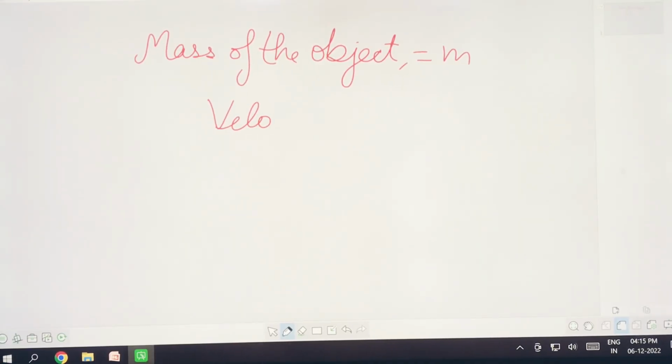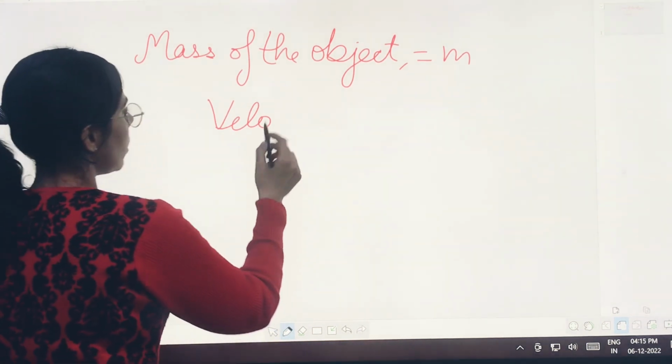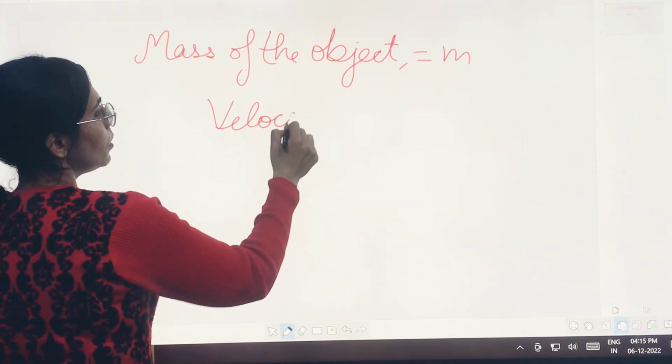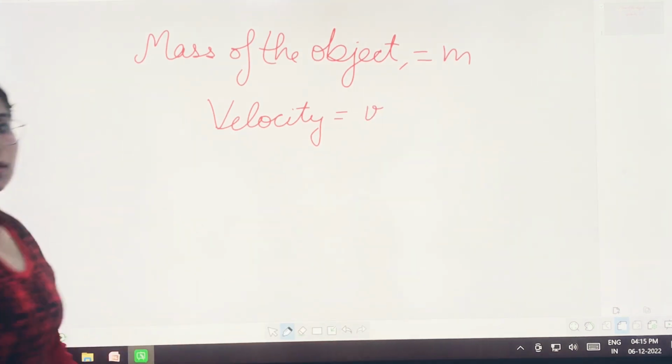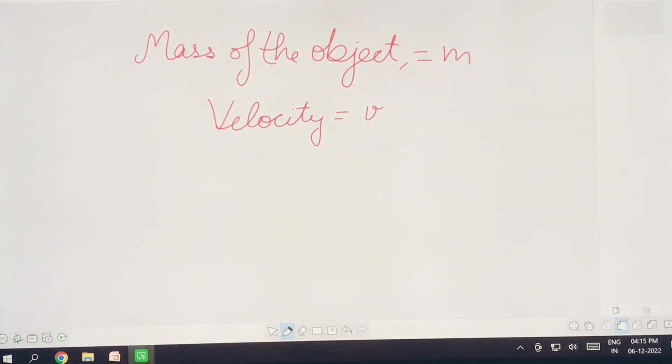Now the mass of the object is provided to us, that is m, and velocity, that is equivalent to v, constant velocity, that is provided to us in the question. Obviously what they are saying in the question is that an object of mass m is moving with the constant velocity v, and it has started with the constant velocity v, so the initial velocity here will be v.